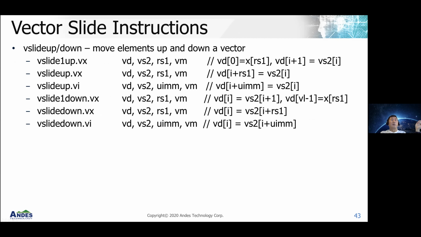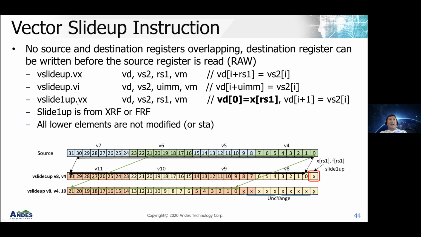Okay, so there are two versions of slide. There's slide up by one, or slide up by using the immediate data or using the data in the VS1 to do the slide up, and then a similar version with the slide down. The slide up by one is somewhat special because you slide everything up by one, but then you take the scalar or the floating point register and put it into position 0 when you slide up.